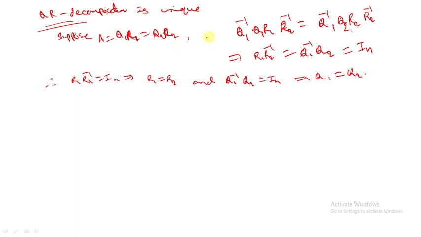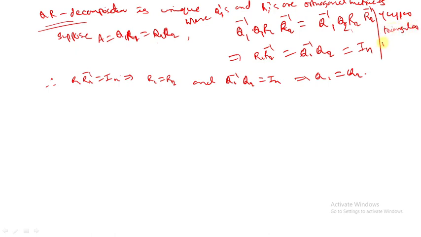That means whatever orthogonal matrices Qi and upper triangular matrices Ri you take, the Qi's are orthogonal matrices and the Ri's are upper triangular matrices respectively.